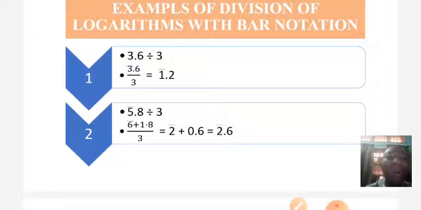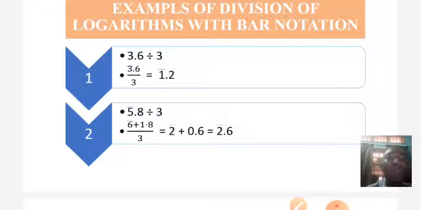Now from here, we can divide. 3 divided by bar 6 will give us bar 2. Plus 1 in 3, that will give us 0. Take that one, join with 8, it will give us 18. 3 divided by 18 will give us 6.